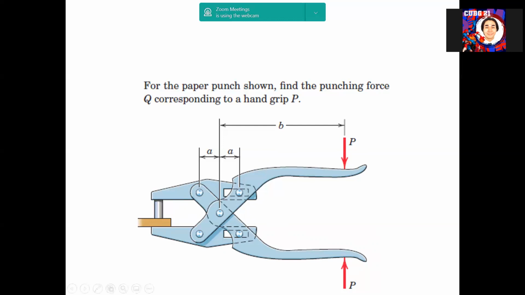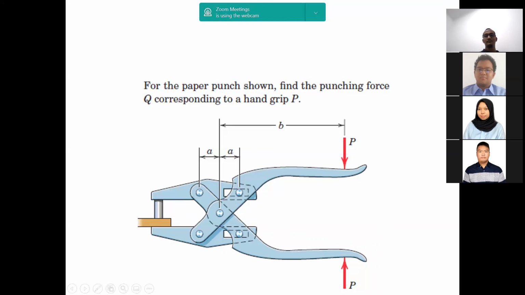Can you see any two force member in this particular problem? We're supposed to start with that, always, every time. No, there is no two force member. So the two free body diagrams that I'm talking about are both multi-force members.